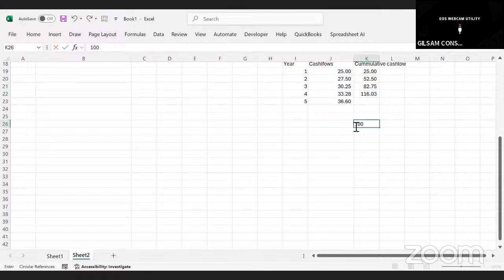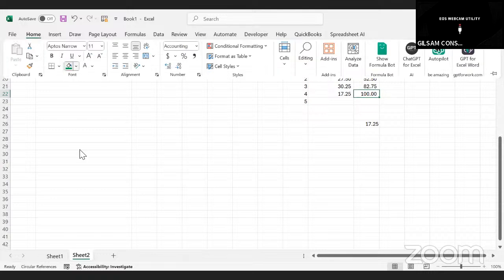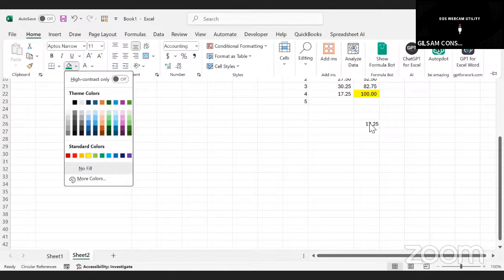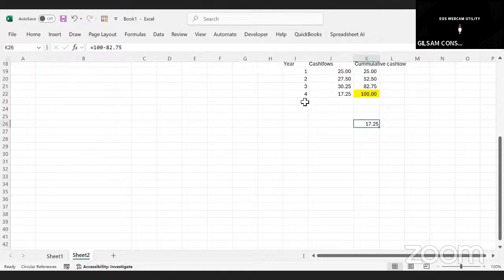So 100 minus 82.75. So here we only require 17.25, so that you can have the cumulative figure of 100 million.